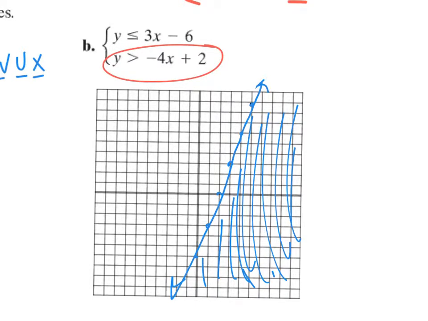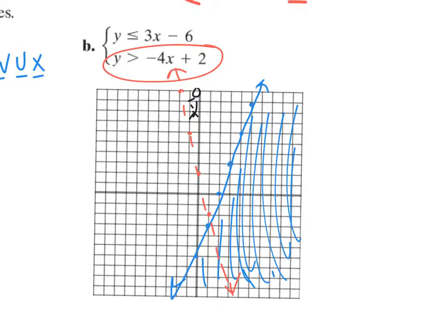I'm going to start at 2 and go down 4, right 1, or up 4, left 1. This one is going to be a dashed line. With your shading, when it's close to vertical, it's kind of harder to tell. But remember, put somebody on this ladder. If you were climbing up the ladder, you'd have to be on this side of the ladder to hold on.